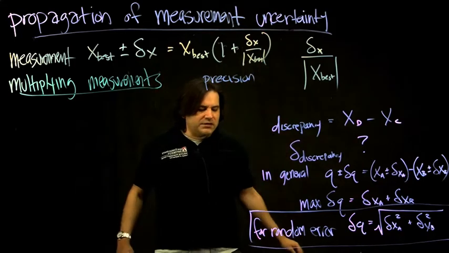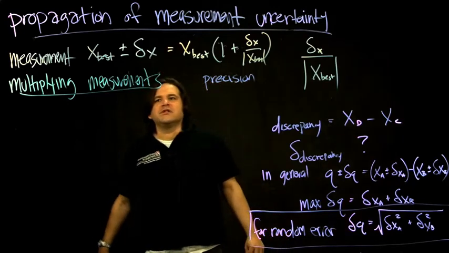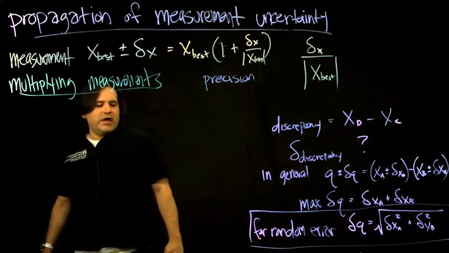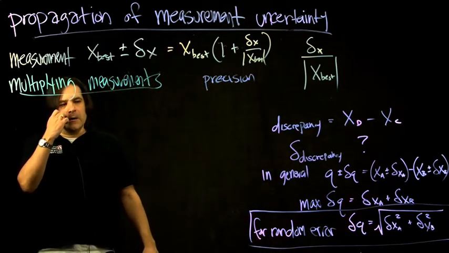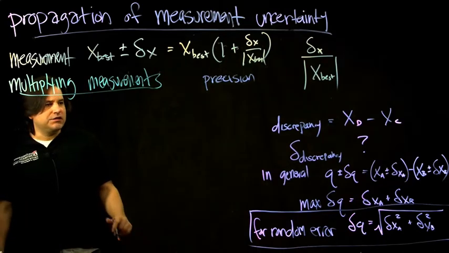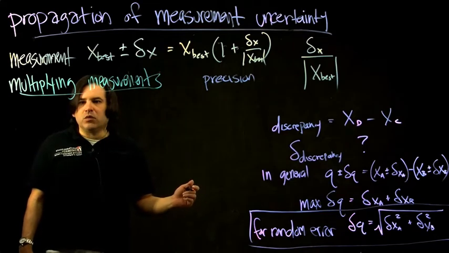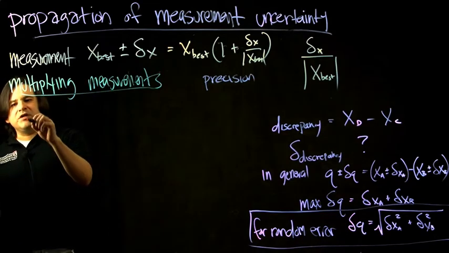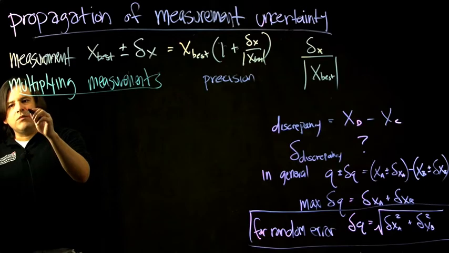That's another way of writing this in terms of the precision. So that'll help us to get a general rule on how to keep track of this uncertainty when we have two measurements and we multiply them.